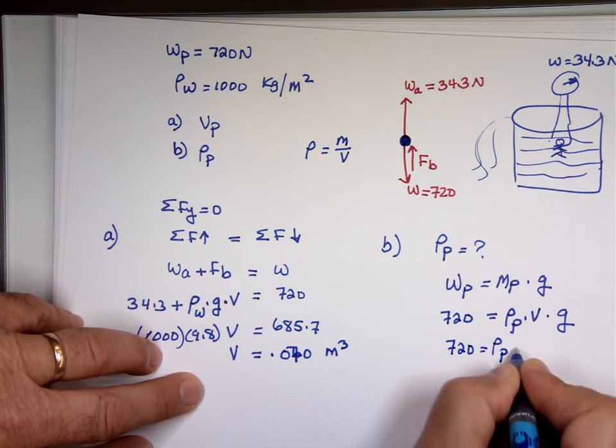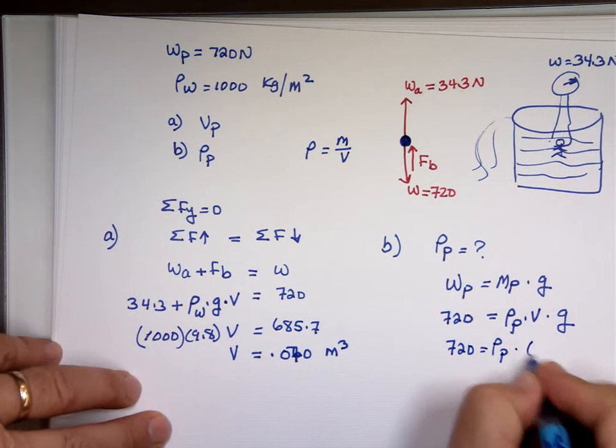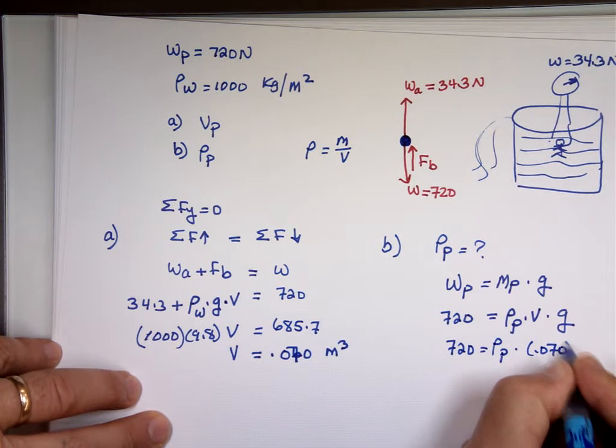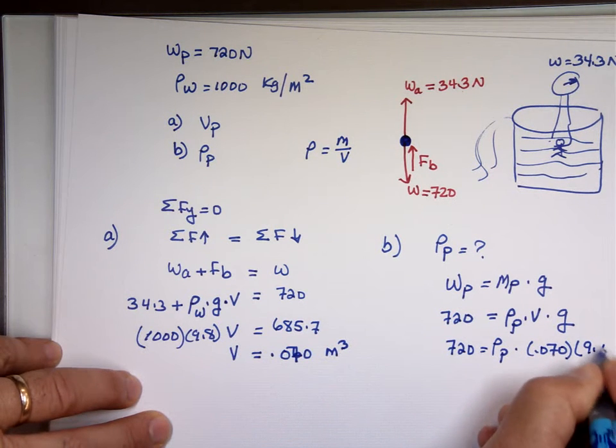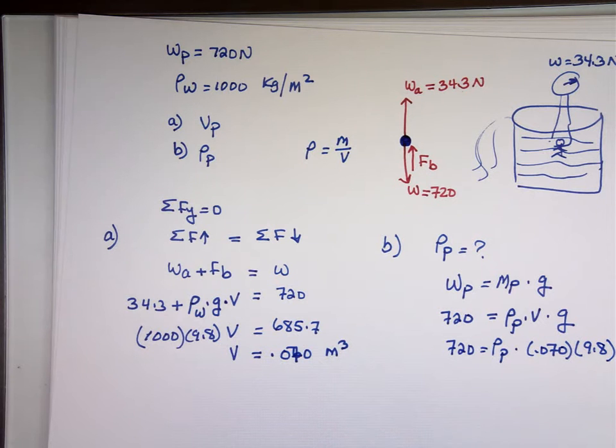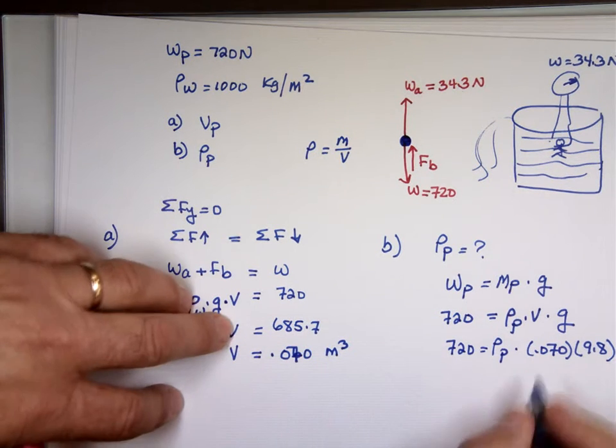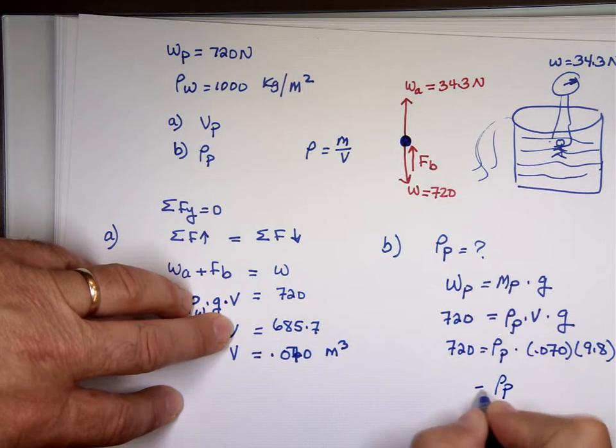The volume, we just calculated, 0.070. And gravity is 9.8. And we get rho of the person equals 1,050.